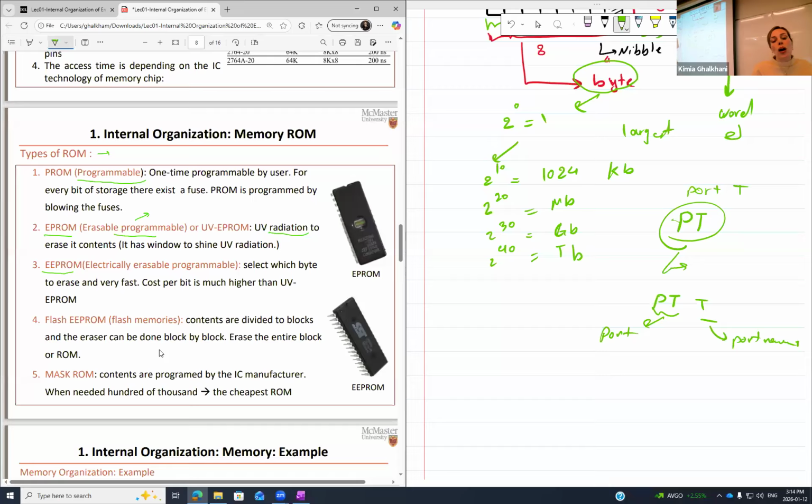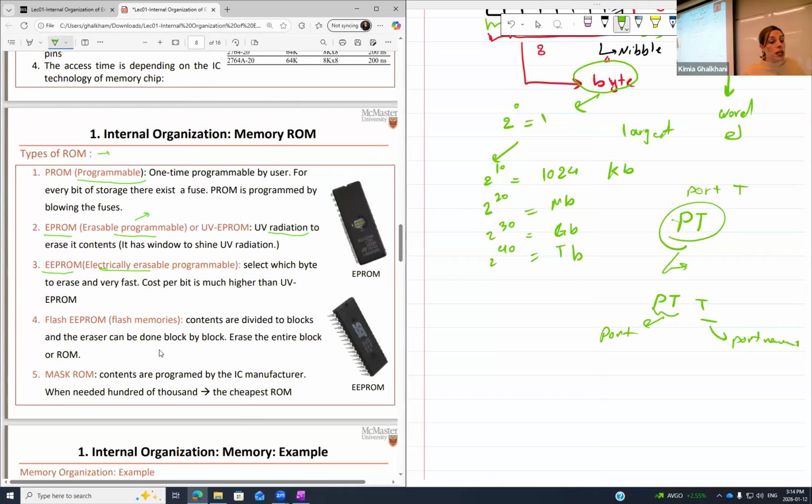There is another one, again a little bit more expensive. Why? Because now I have more options to give it to everybody to use. We call it EEPROM. This one is easier to use. I do not need UV radiation. I can use electrically erasable or programmable devices. Cost is per bit, which means it depends on how big the device is. If it's bigger, it is more costly.